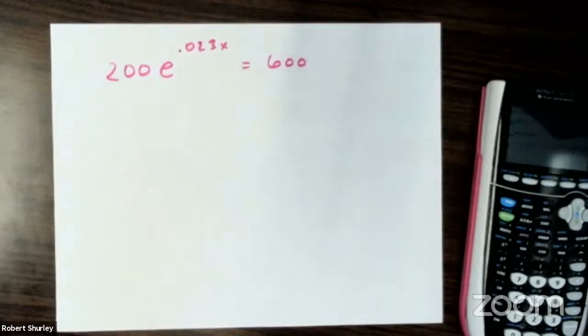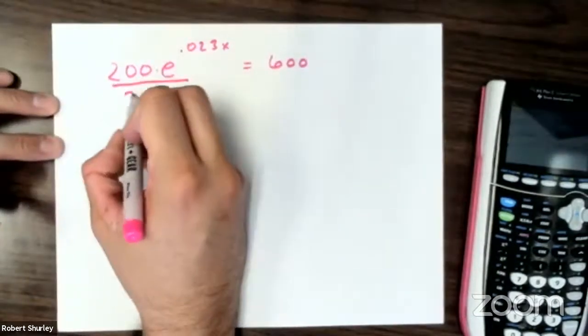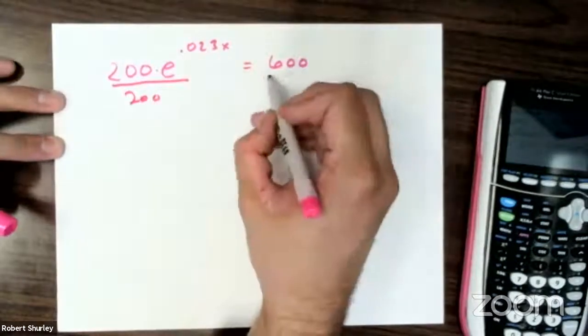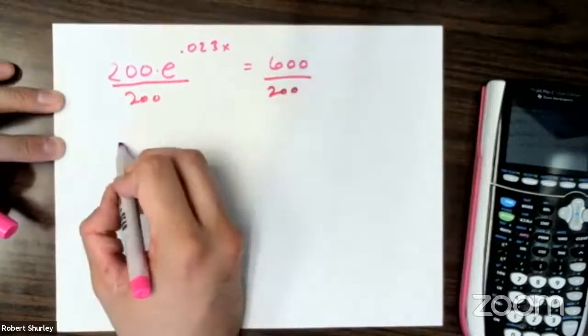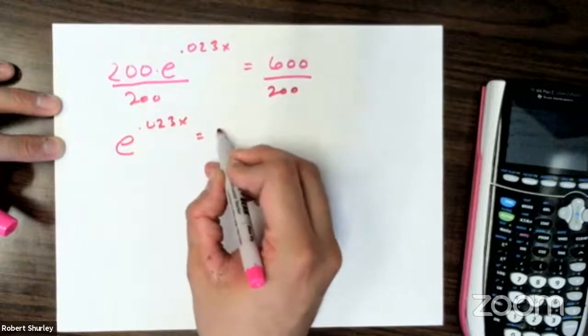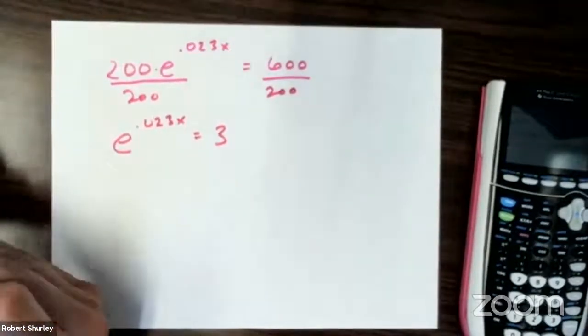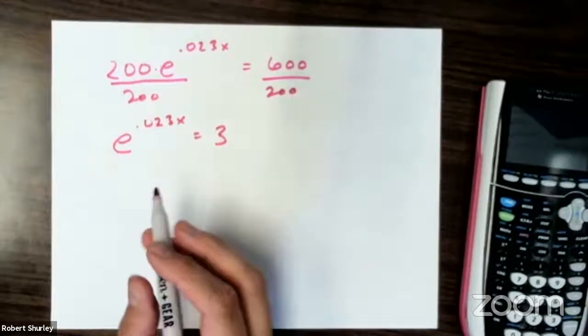Okay, let's do this. First thing, just like before, I've got to get that coefficient out of the way. This becomes e^(0.023x) equals 3, right? 600 divided by 200 is just 3. Now I'm going to take the ln of both sides.